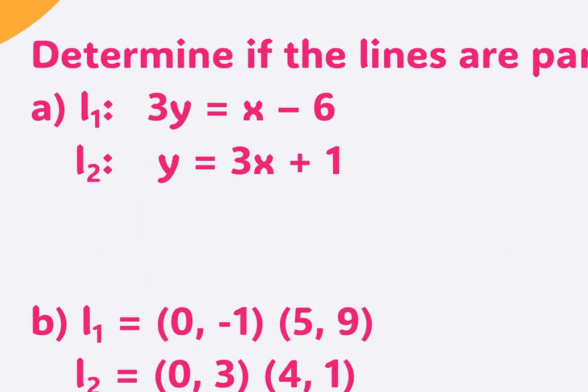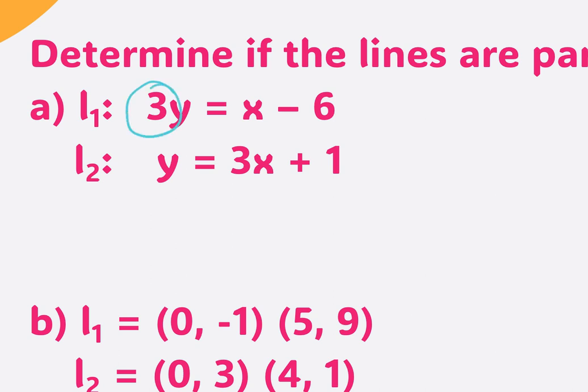If I look at A, first of all, line 1 is not in slope-intercept form, so I can't just grab what's in front of the x, right? What would you have to do first? What do I have to do with the 3 in front of the y? I divide everything by 3.